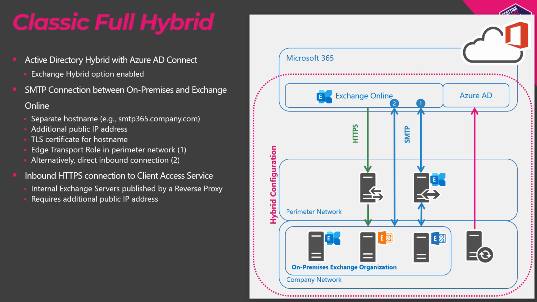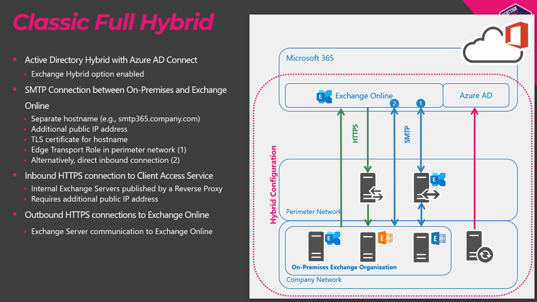So your HTTPS connections require an additional IP address, additional TLS certificates, and yeah, you do have to configure and publish the required DNS entries in your external DNS zone or zones if you maintain multiple domains.